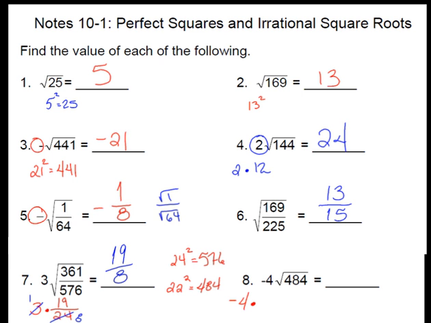So the square root of 484 is 22. So we're going to multiply negative 4 times 22, which is negative 88.